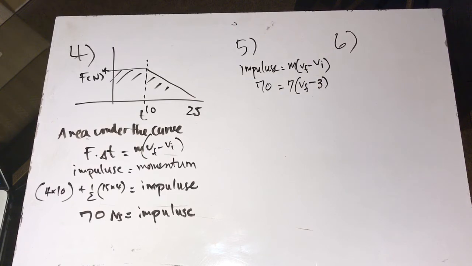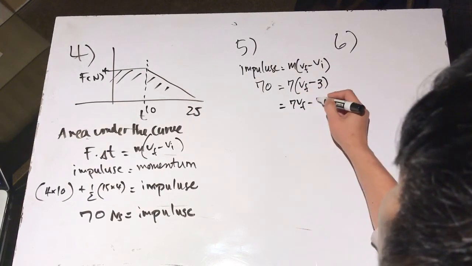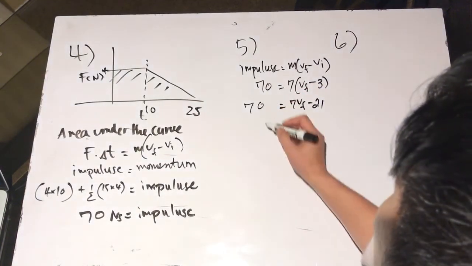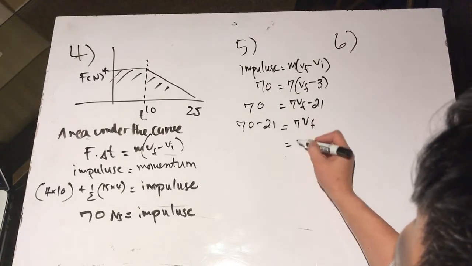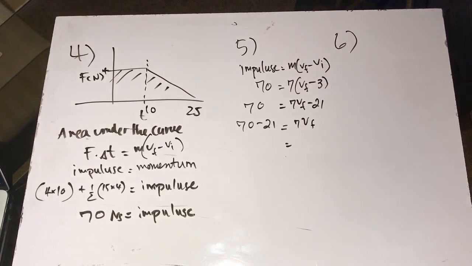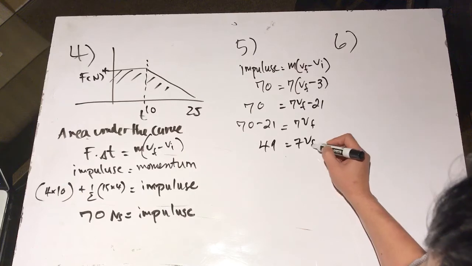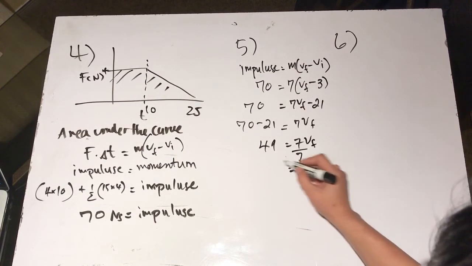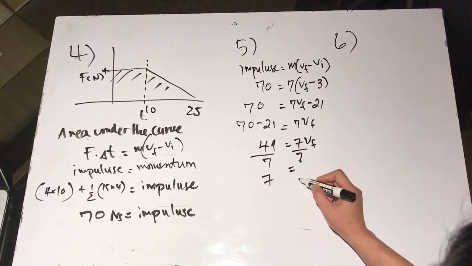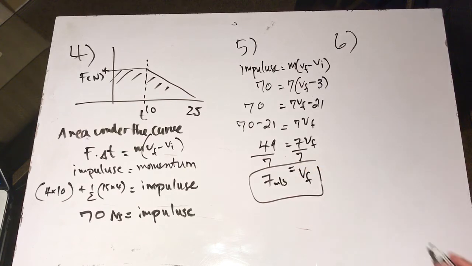Velocity initially was only 3 meters per second, so you have to do the math right here. So that would be 70 equals 7 Vf minus 21. So 70 plus 21 is equal to 7 Vf. 49, 7 Vf, divided by 7, divided by 7. So your final velocity is actually 7 meters per second.